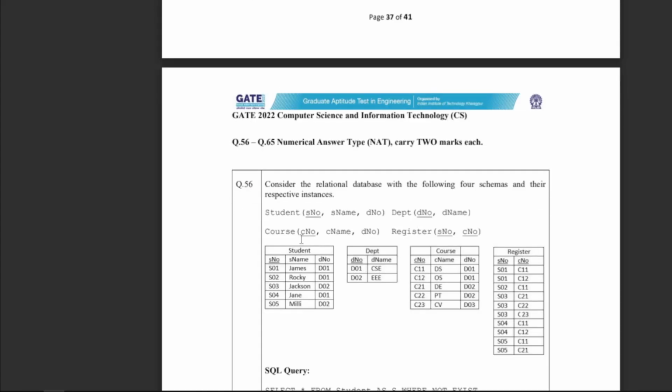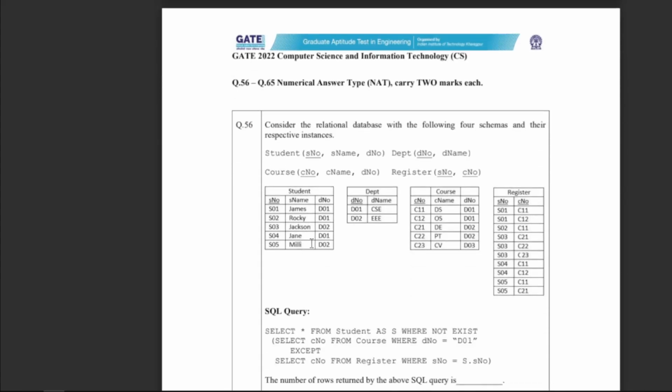168.0. 56 is: consider the relational database with the following 4 schemas and their respective instances. So this is the relational database that we have. This is the SQL.